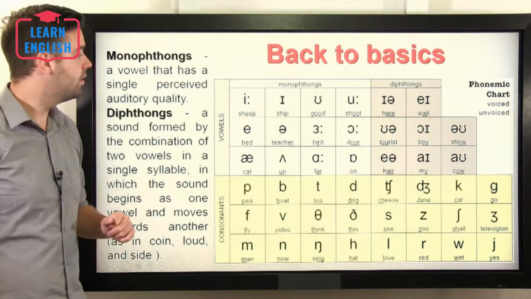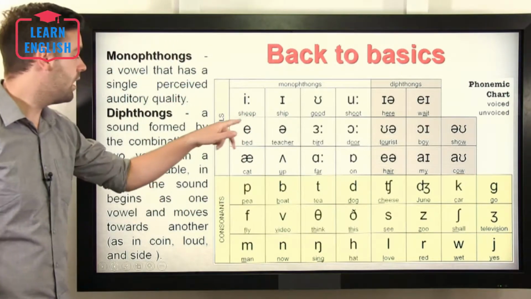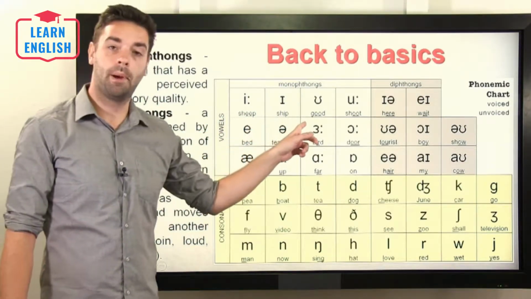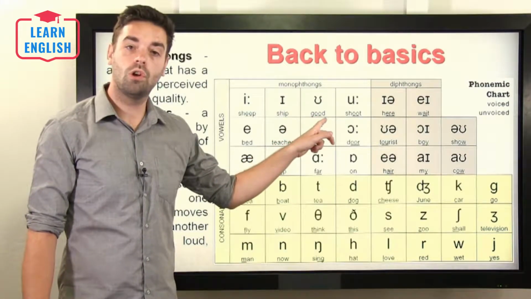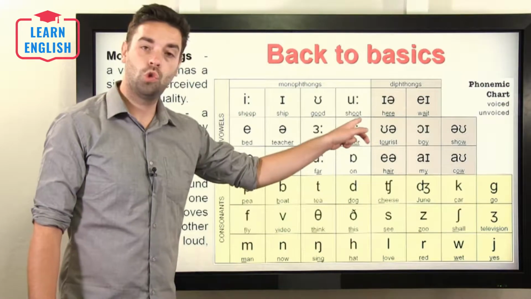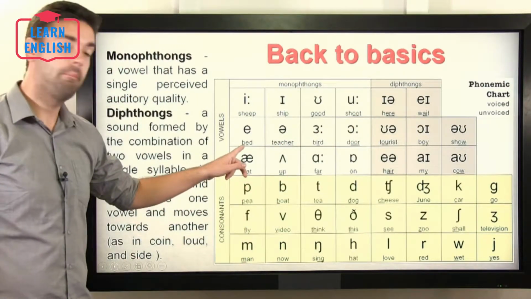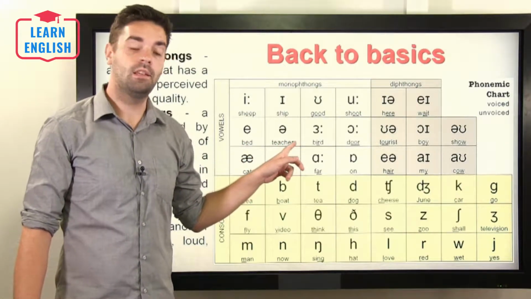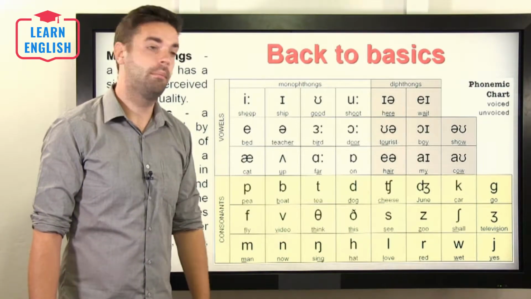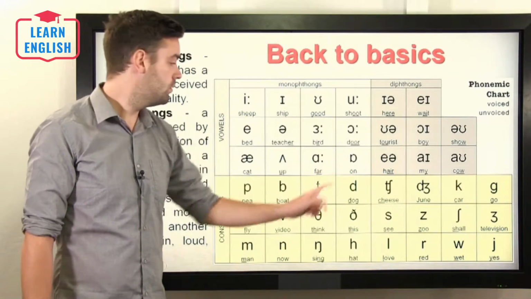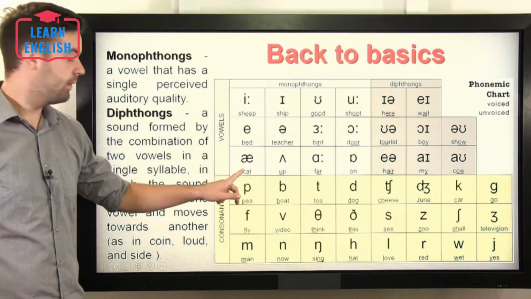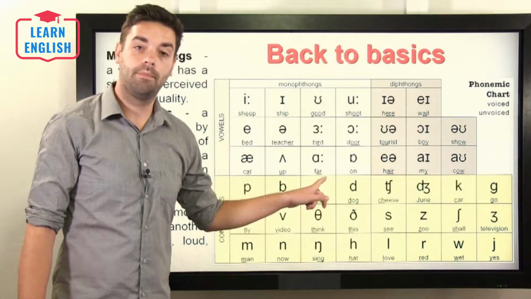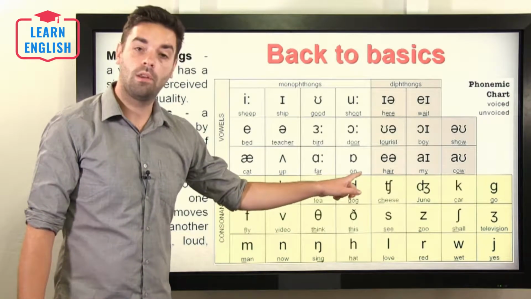Let's go on to vowels. Let's go on to the monophthongs. So we have sheep, ship, good, shoot, bed, teacher, bird, door, cat, up, far, on.